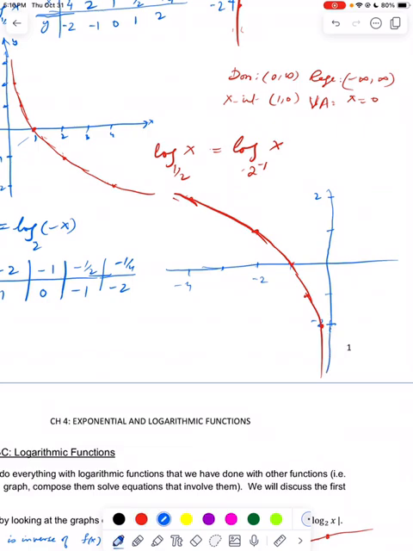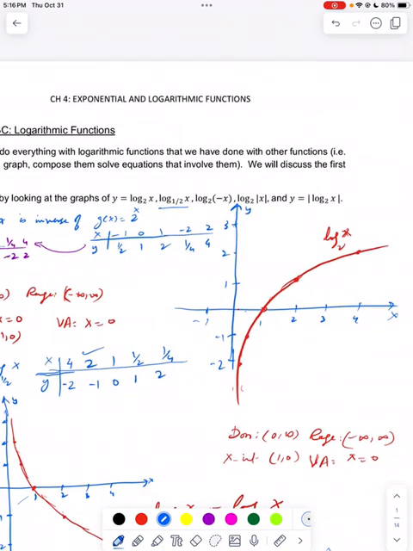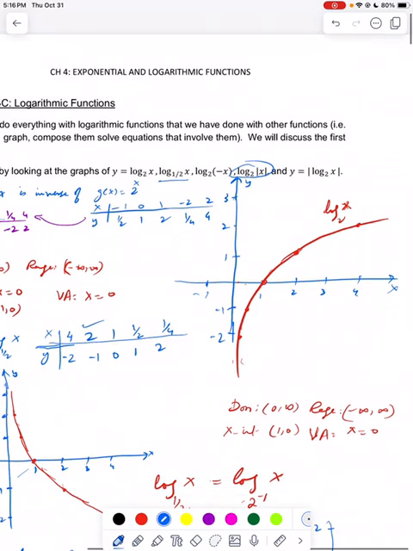The next graph is f of x equals log base 2 of the absolute value of x. So what do you think will happen here? Can anyone think? If you recall, absolute x is equal to x if x is greater than 0, and it is negative x if x is less than 0.